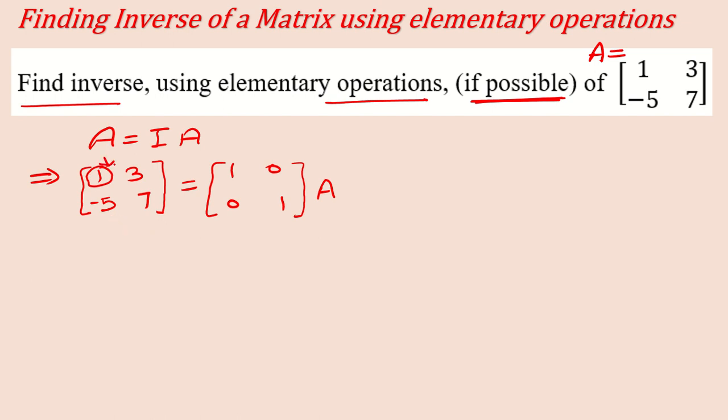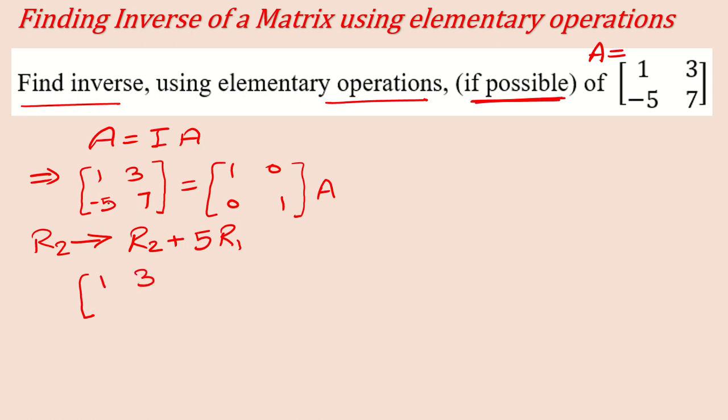It's very important to understand how you will write it. Minus 5 is in R2. So R2 is replaced by R2 plus 5 R1, because we are not supposed to change R1, we are just going to utilize it. We are not performing any calculation for R1, so it will remain the same.